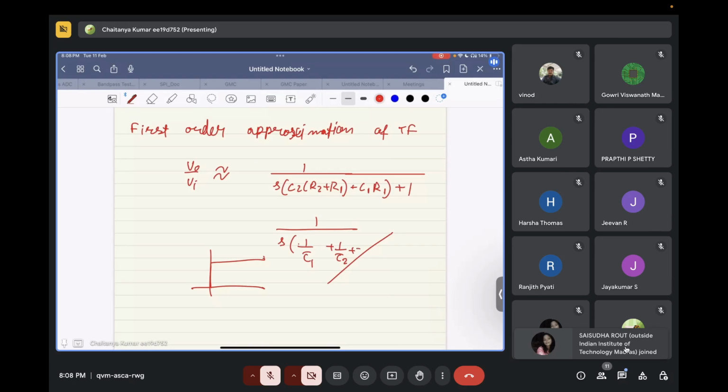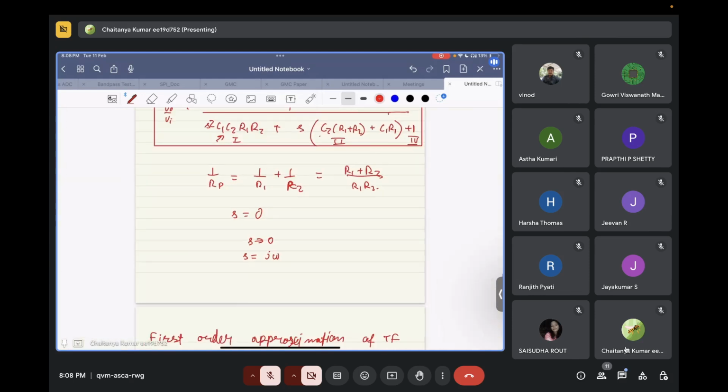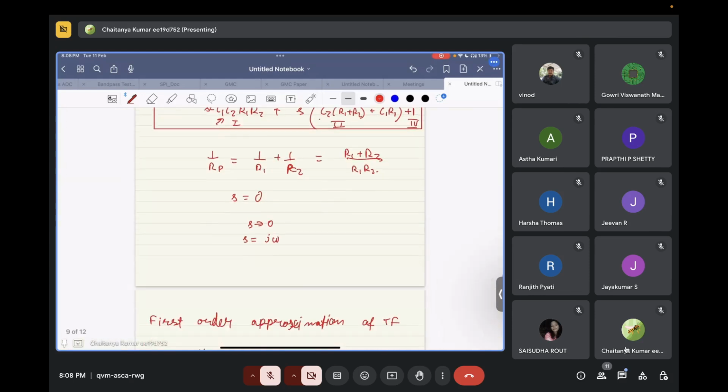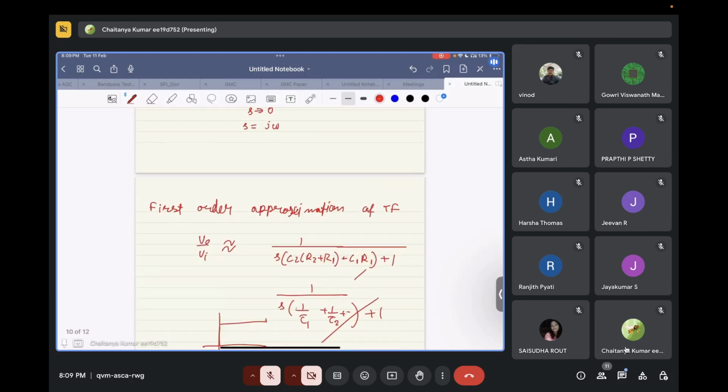As many energy storing elements as there are in the circuit, that many time constants will be there. Solving a second order transfer function is tougher, right? And since the input to the system is not a very high frequency signal, this approximation will suffice.